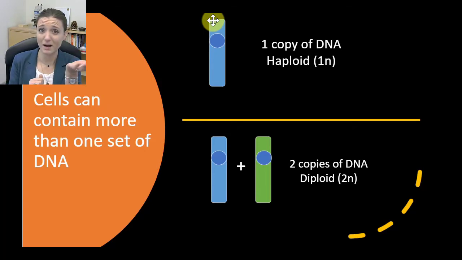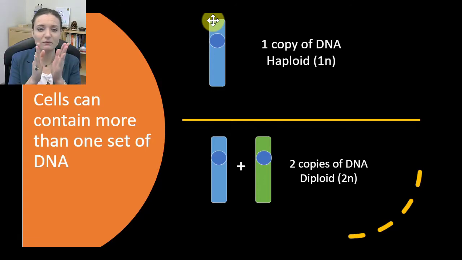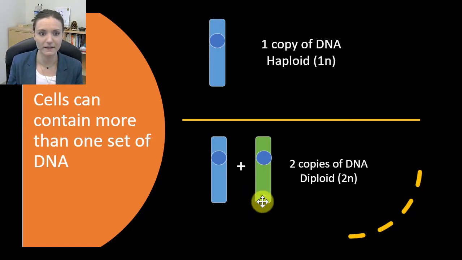We get 1 copy of each chromosome from one parent and 1 copy of each chromosome from the other parent. And we call these chromosomes homologous because they contain the same type of information, but maybe different forms of that information. Let's say these are both chromosome number 2.